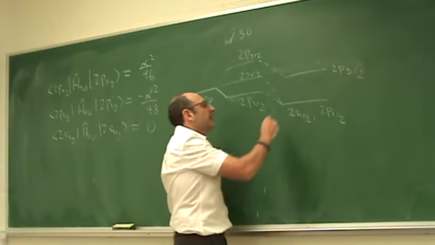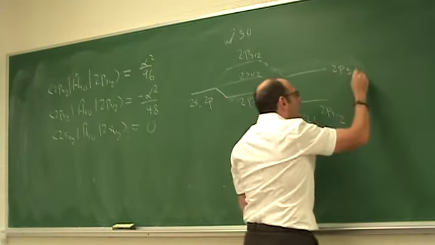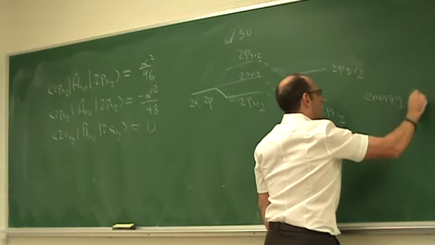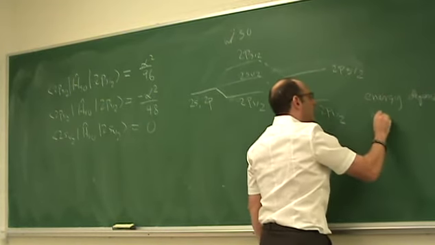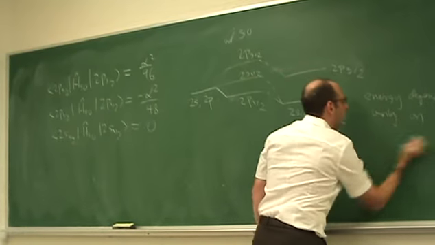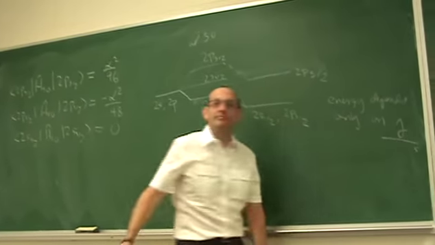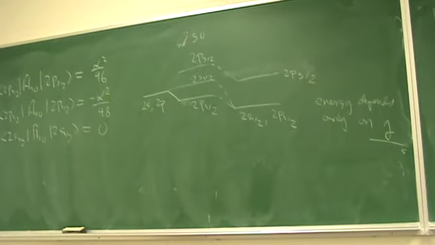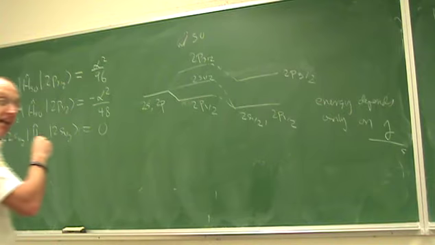Well, the reason here, what we see is that the energy depends only on J, as it must, because the total angular momentum of the electron is conserved here.